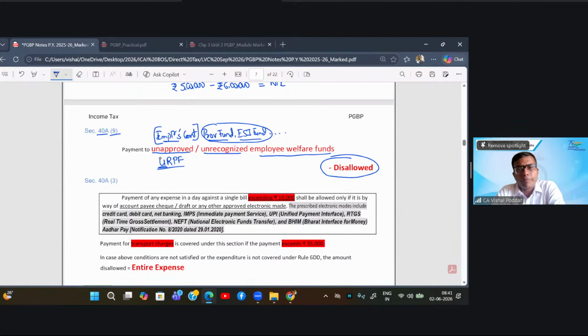So, the condition is all contributions to employee welfare funds should be ensured that the funds are approved, recognized funds. If the payment is made to an unapproved, unrecognized fund, it will be disallowed.